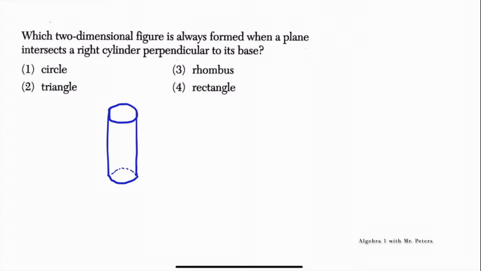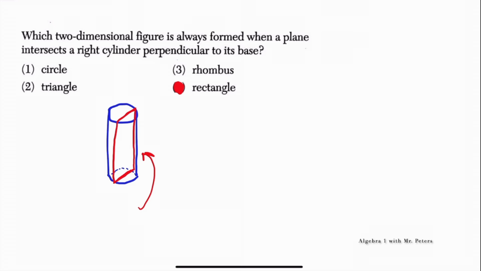So if the intersection occurs perpendicular, that means there's going to be a right angle that forms. So if we switch colors, we cut this perpendicular, top and bottom, and then we connect these points of intersection. If you look, you'll notice that the shape right here is going to be a rectangle. And this would be our answer.